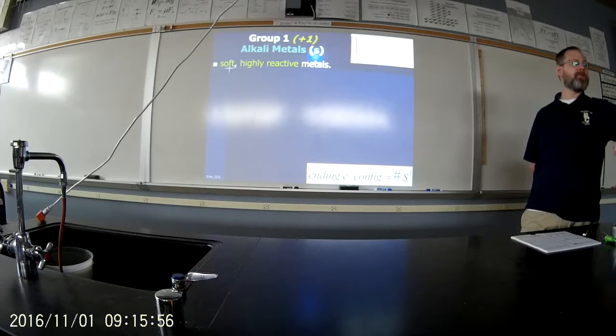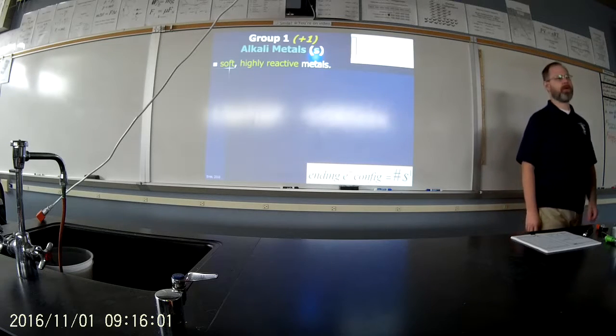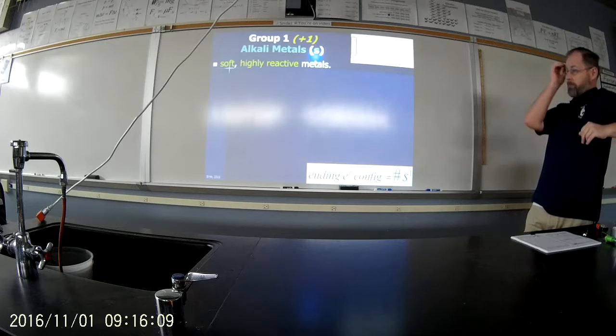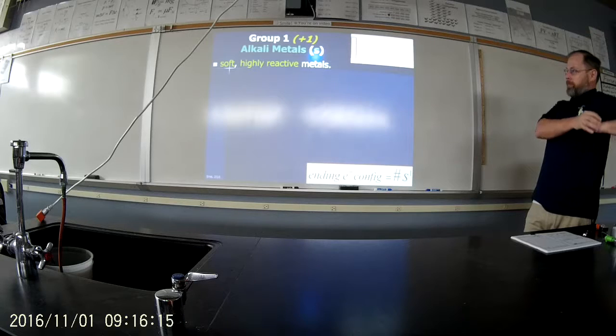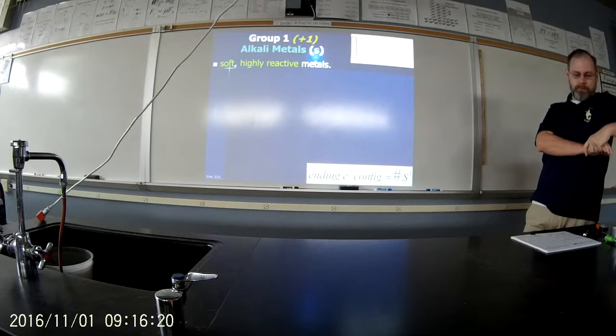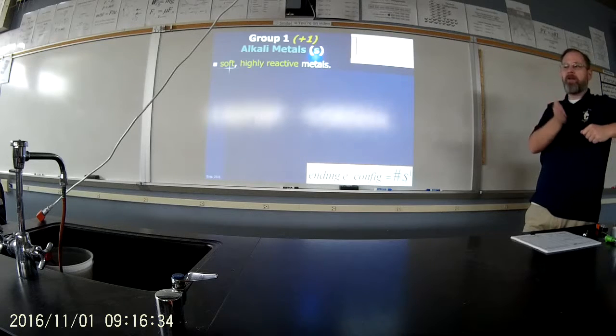They're soft, highly reactive metals. Most people, when you think about sodium, think of table salt. That's not sodium. That is a compound of sodium, but not sodium. When we use pure sodium metal later on, you'll notice it's a metallic cube, and I'm going to cut it with a knife.